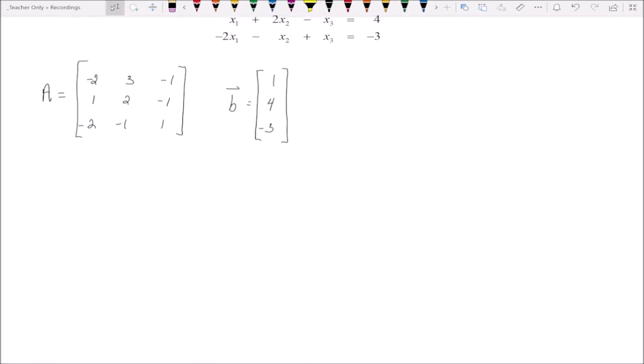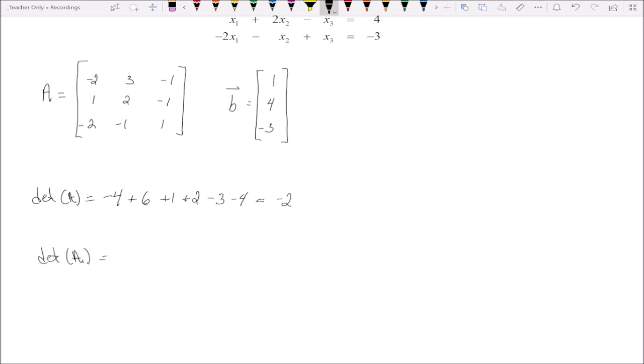So determinant of A, we'll get negative 4 plus 6 plus 1 plus 2 minus 3 minus 4. This is equal to negative 2. Now we want determinant of A1.